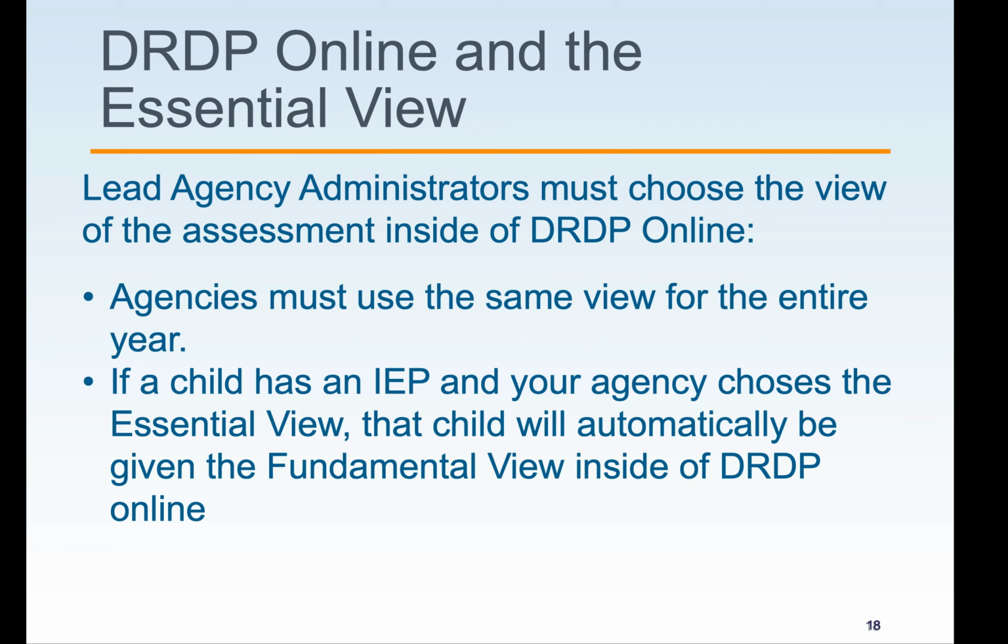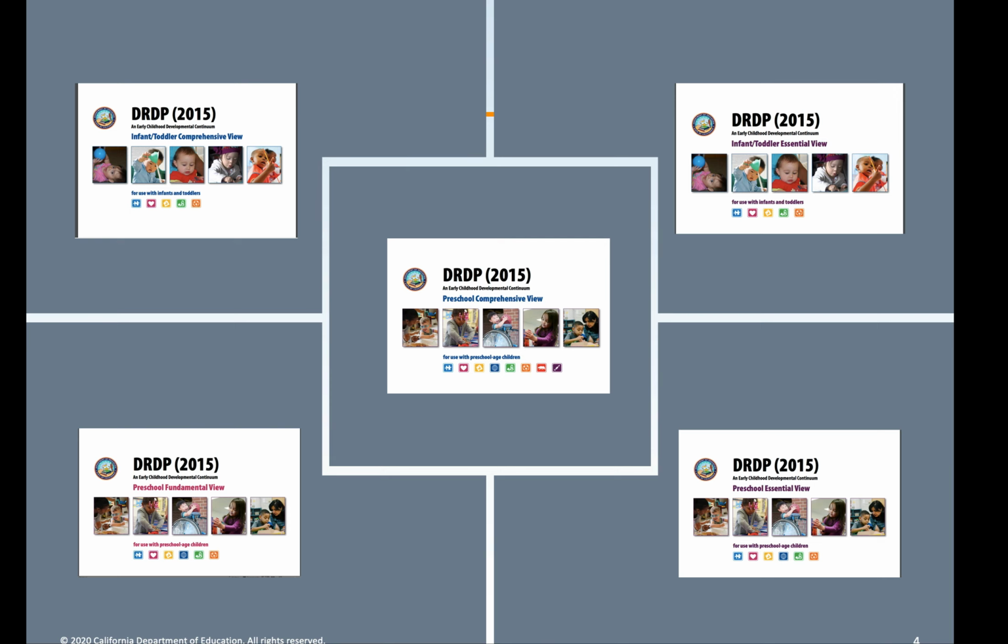If the agency chooses the essential view of the assessment and there are children with an IEP inside of your program, the DRDP Online system will automatically provide the fundamental view of the assessment for that child who has an IEP.